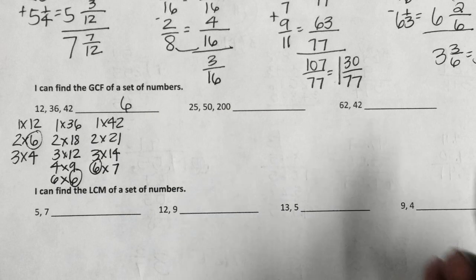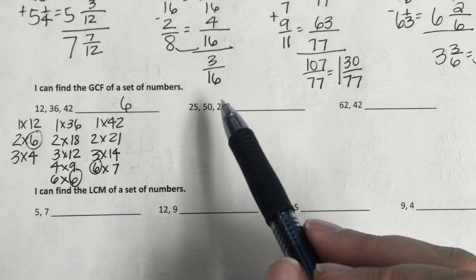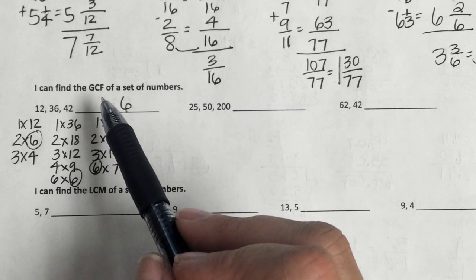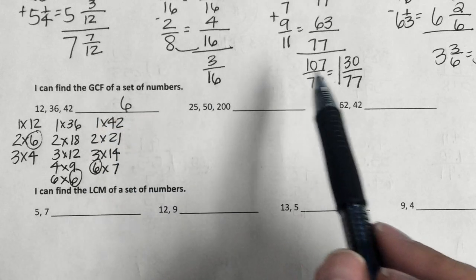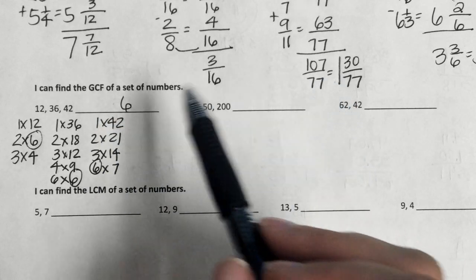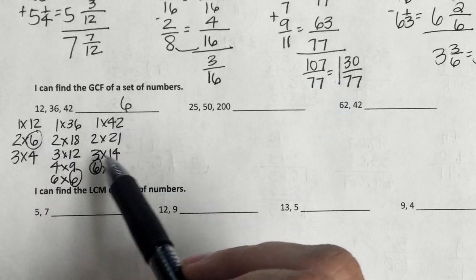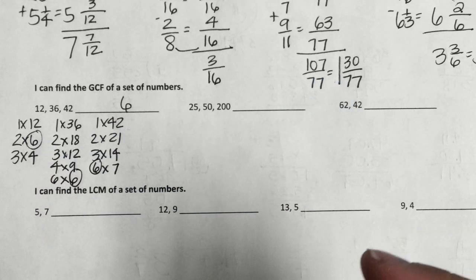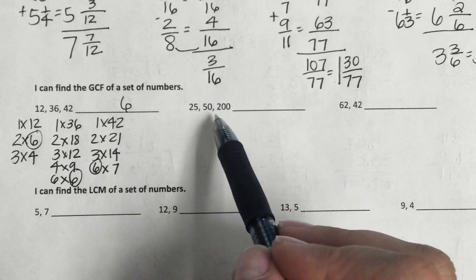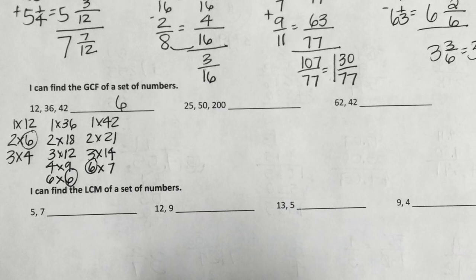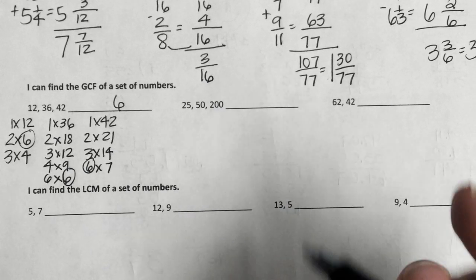Factors are fewer. Multiples are more. Okay? Factors are fewer. Because 6 is the largest number that all three of them have as a factor. Okay, what about 25, 50, and 200? 25.